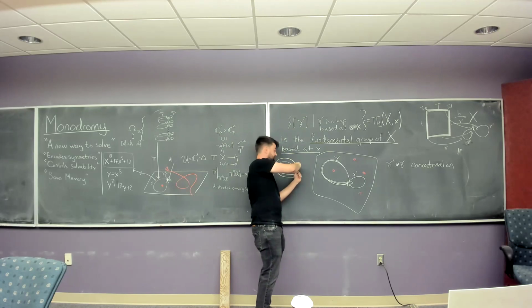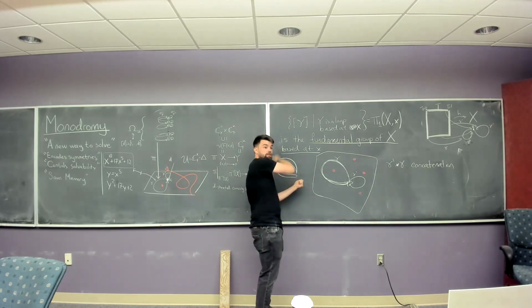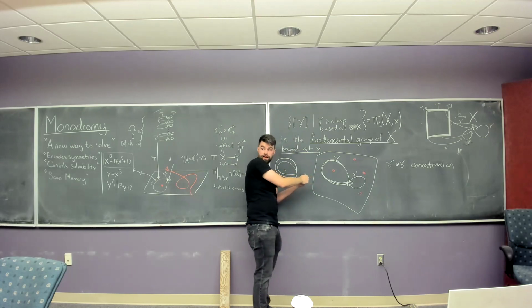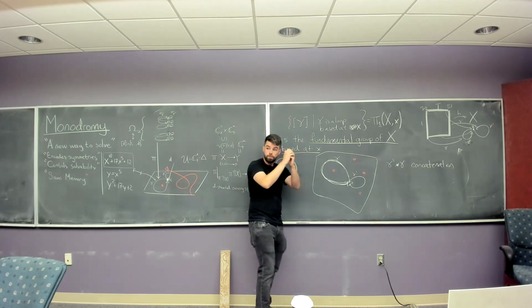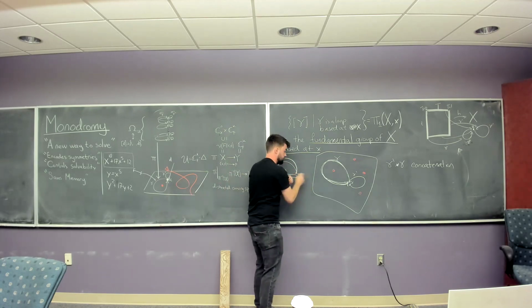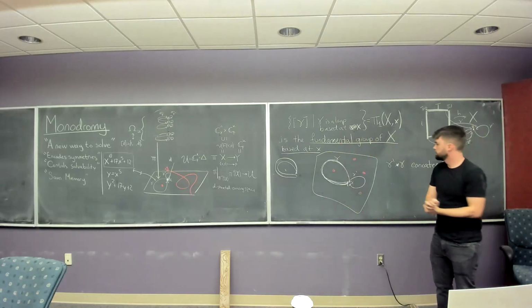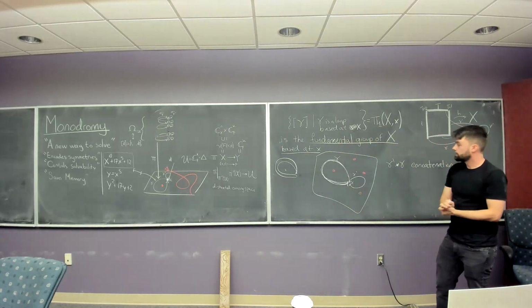And that as a piece of string, I can just pull around the loop, right? So it is able to move within its homotopy class and just up to the identity loop, which is the one that's just constant. And that, of course, is the identity of the group. Okay, not commutative.